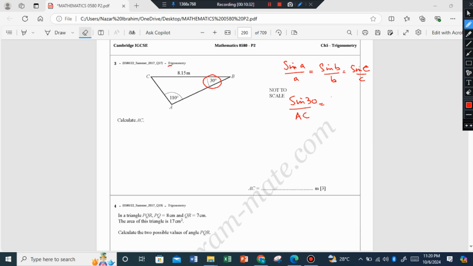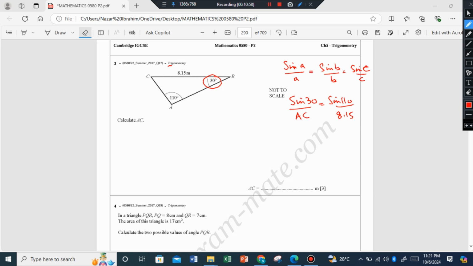Which of course I can see is known to me. So sine 110 upon 8.15. See, I'm again repeating this sine law. Whatever side or angle is unknown to me, I should know the opposite of that. For example, here I am asked to calculate AC.